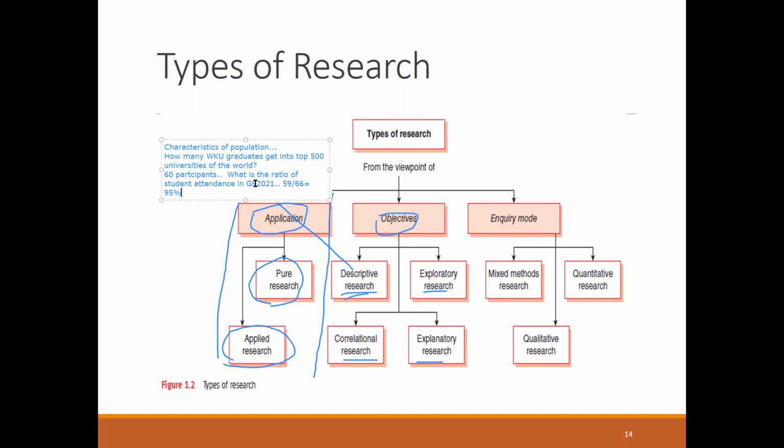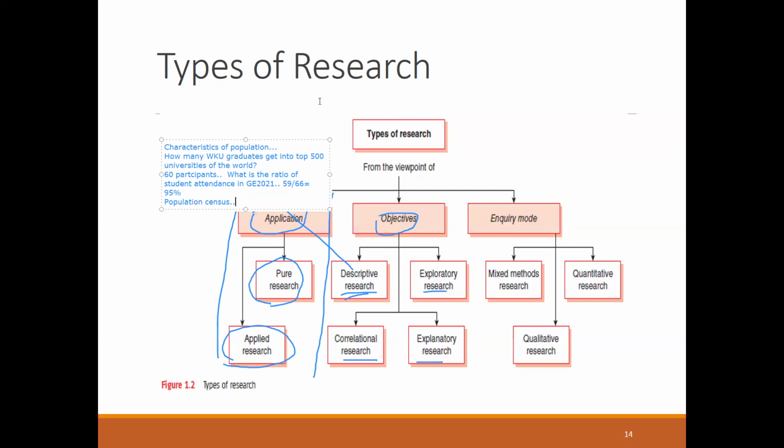Another example of descriptive research is population census. What is the total population of China? How many are females? How many are males? What is the average age of marriage? What is the average family size? All these questions are answered by descriptive research. So descriptive research is very, very simple.